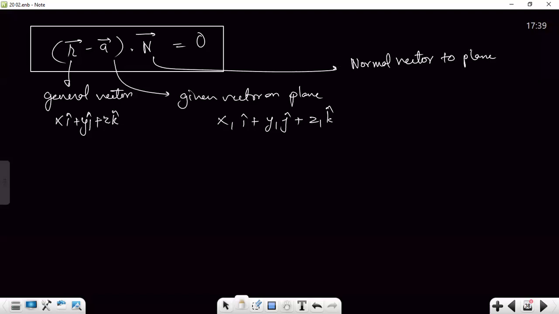When it is a normal vector, we are not saying that it is a unit vector. So let me consider direction ratios instead of direction cosines: n equals ai cap plus bj cap plus ck cap.